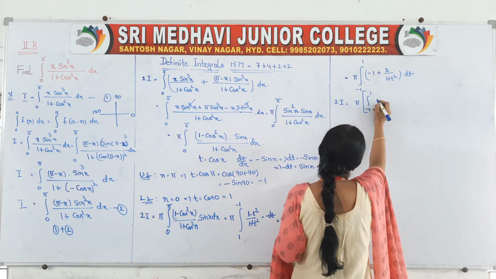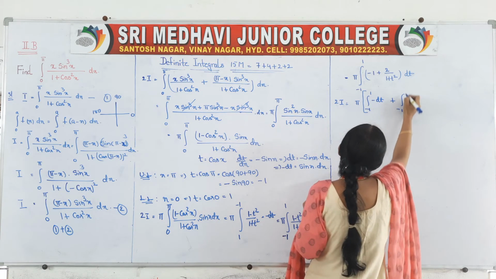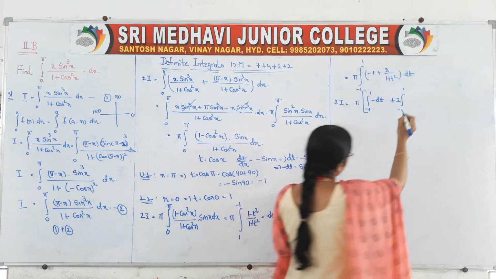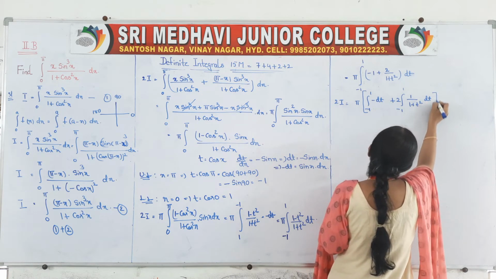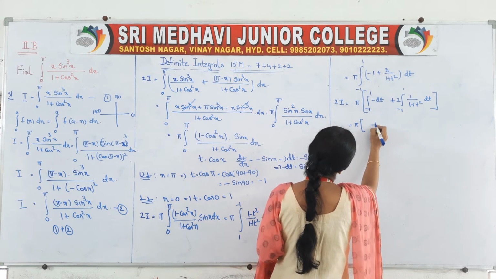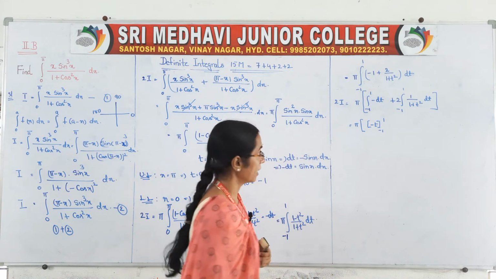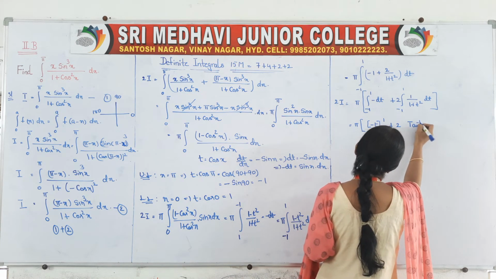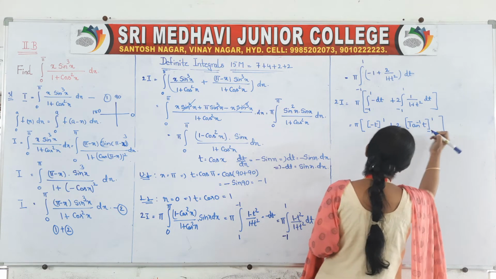So it is minus 1 into dt, plus integral minus 1 to 1 of 2 by 1 plus t square dt. 2 can be taken outside, it is a constant, so we can write 1 by 1 plus t square dt. So it is equal to pi into, this is minus t. Once we got the value, we have to take the bounds on the right side. Next plus 2 into tan inverse t, and here we take the values minus 1 to 1.